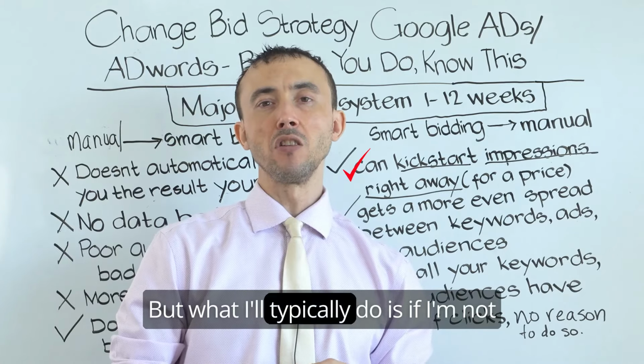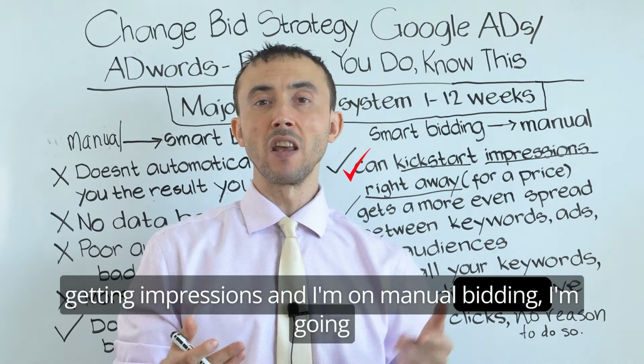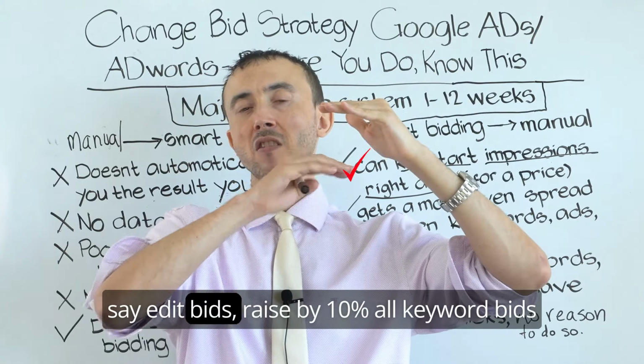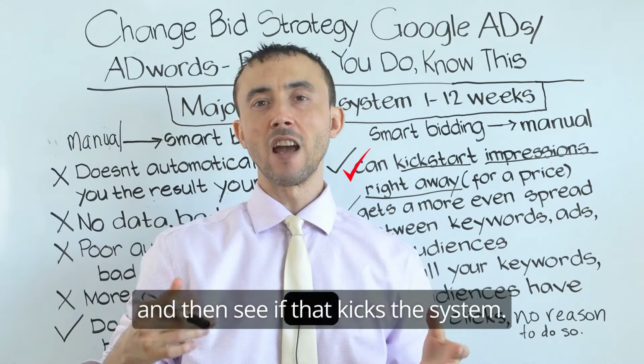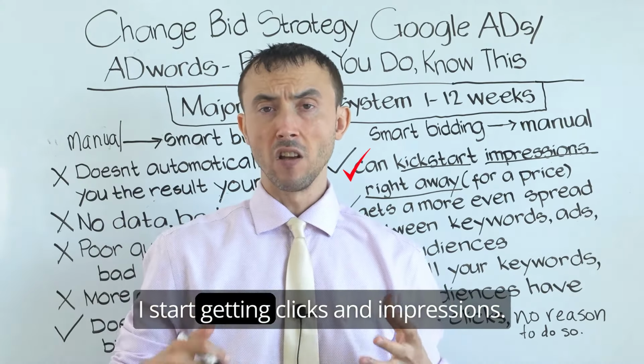But what I'll typically do, if I'm not getting impressions on manual bidding, is select all keywords, then edit bids, raise by 10% all keyword bids, and see if that kickstarts the system and I start getting clicks and impressions.